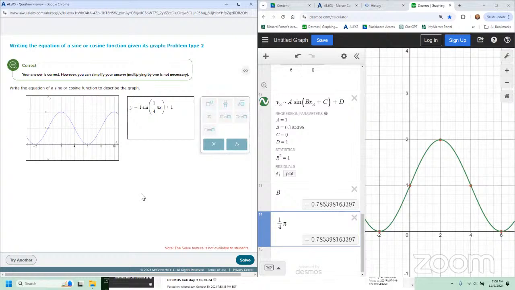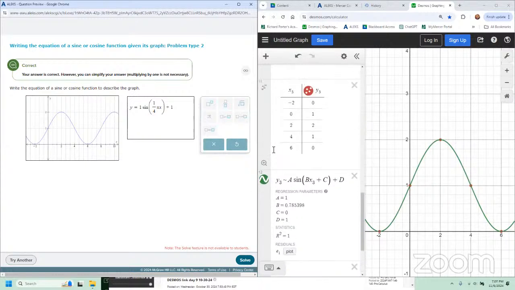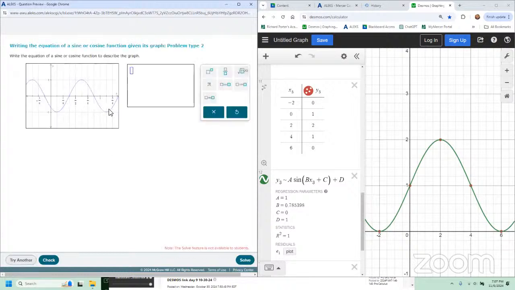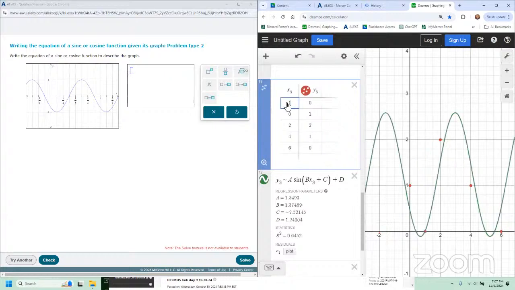Any questions on that? So I kind of think this is an easier way to go. I mean, you just have to identify the right points. It's kind of hard to do without identifying the points. So if I was going to do this one, let me just very quickly do it. Half of 1/4 is 1/8.